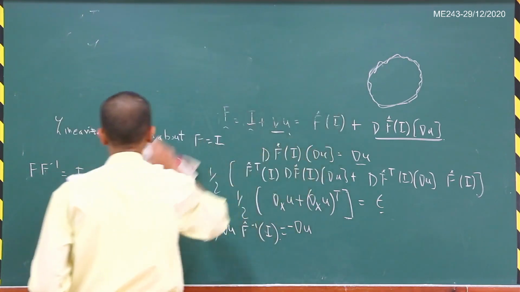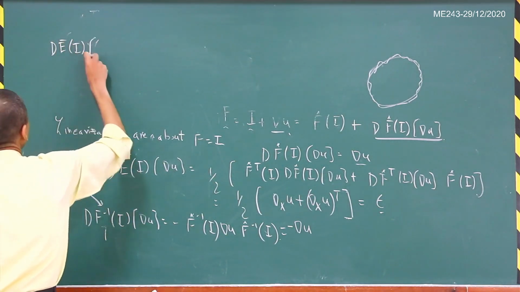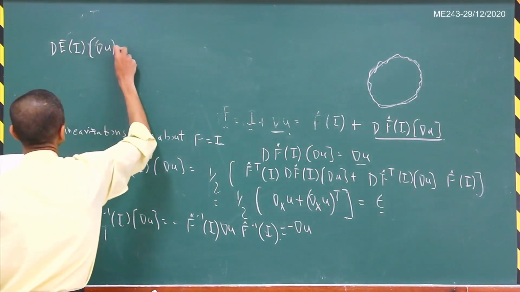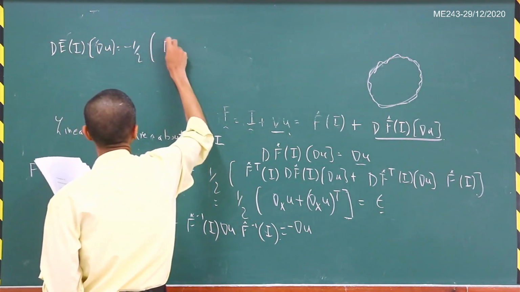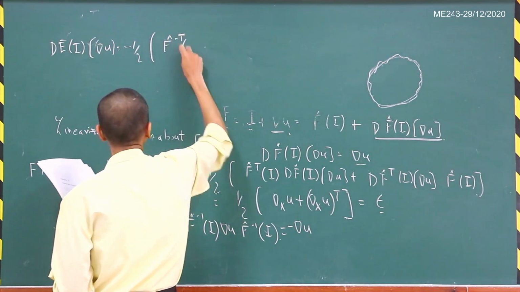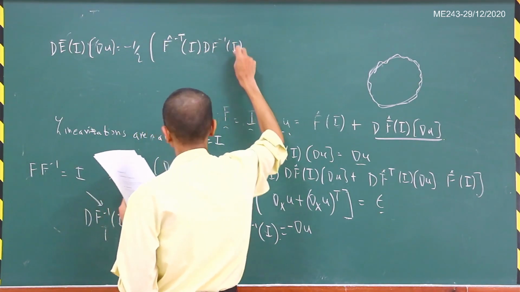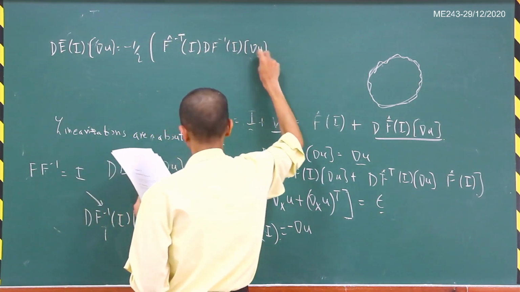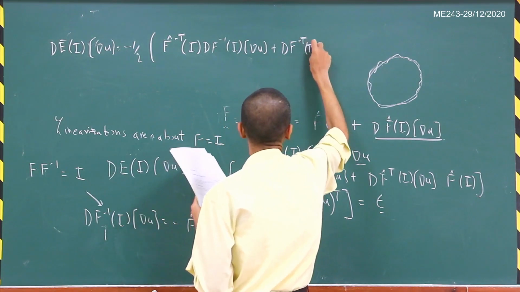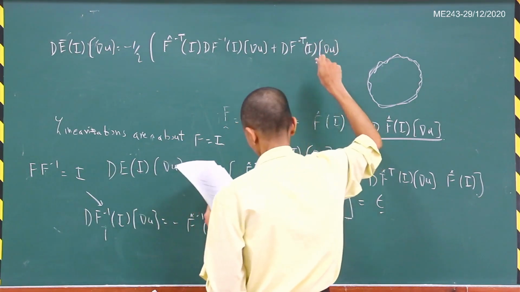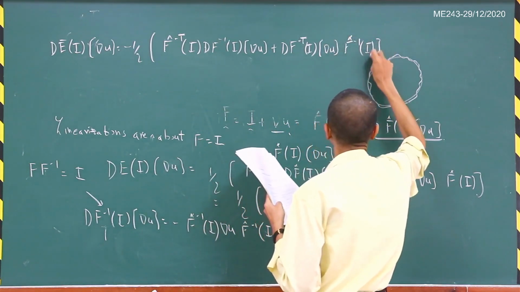So d of E bar at identity in the direction of del u is equal to minus half of f inverse transpose evaluated at identity times d of f inverse at identity in the direction of del u, plus d of f inverse transpose evaluated at I in the direction del u times f hat inverse, again evaluated at identity here.